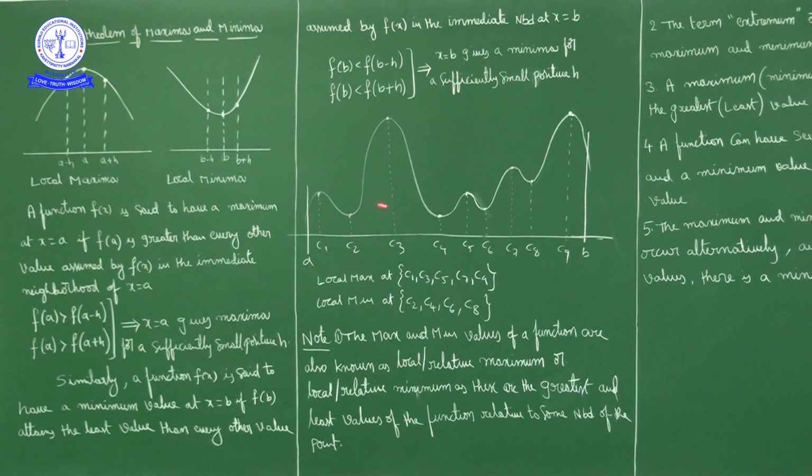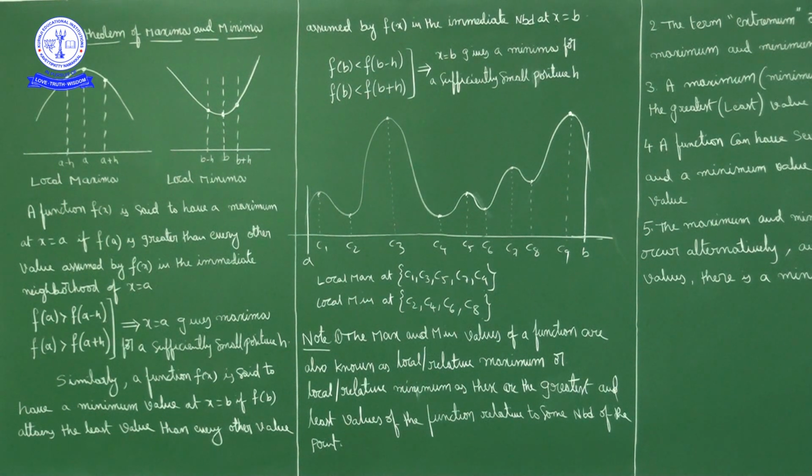Also between two local minimums there will be a local maximum. Between c1 and c3 there is a local minimum c2. Between c2 and c4, these two local minimums, there is a local maximum.